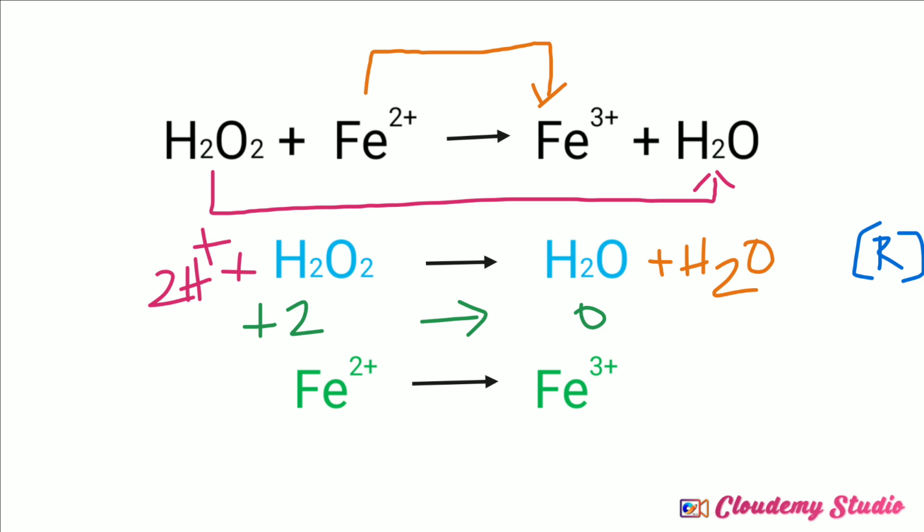So in order to balance the charges, what has to be done? On the left hand side plus 2 charges are there, but on the right hand side 0. So in order to make both the charges equal, we need to add minus 2 to the left hand side. If you add minus 2 to the left hand side, the charges on both sides will be equal.